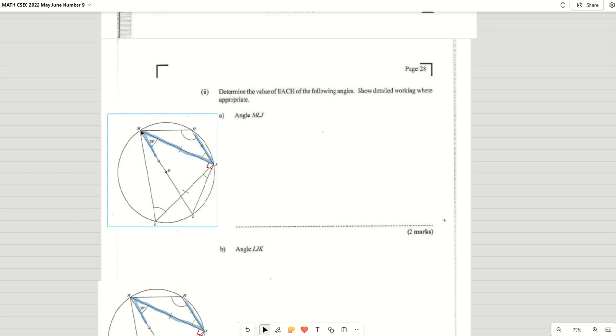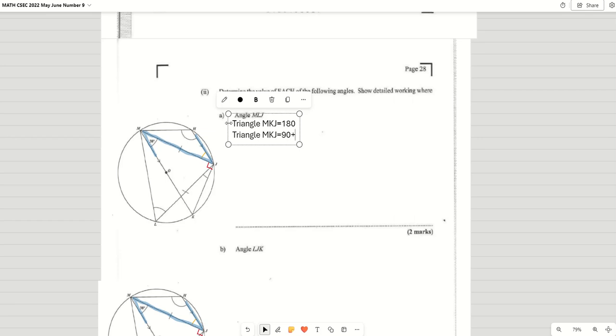we can find out MKG very easily because we know we have two angles and we can find the last angle. So we know that triangle MKJ is equal to 180 and triangle MKG is equal to 90 plus 38 plus angle MKG.